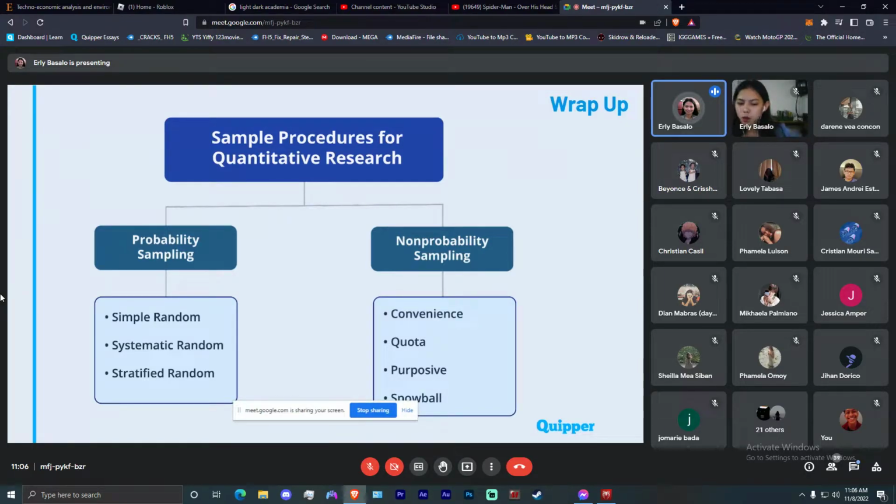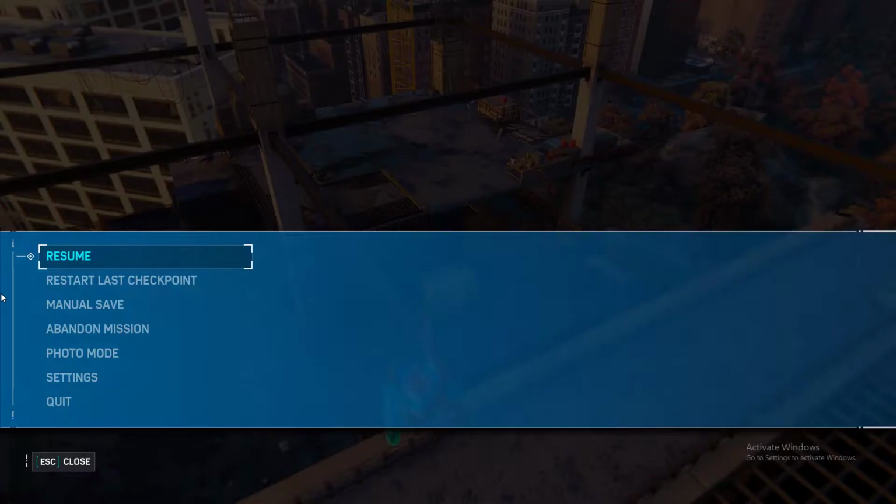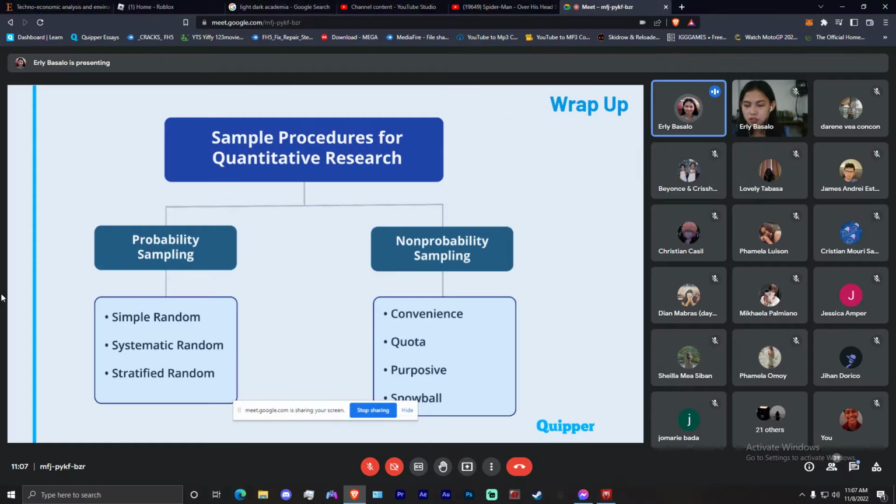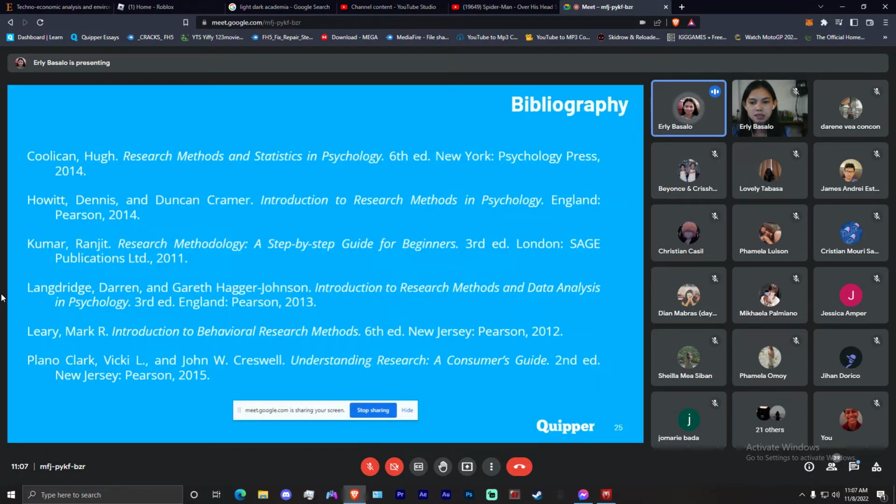So if you want your research to be valid, you should apply simple random sampling, which Sir Paul discussed, using the formula and the generated numbers given, upon picking your participants. So that is for research sampling or sample design or procedures in choosing your participants.